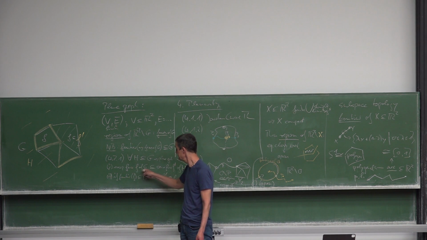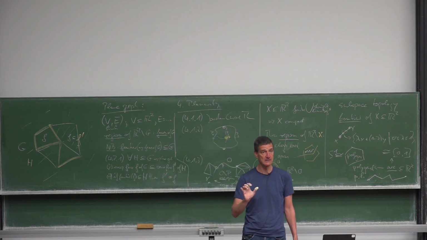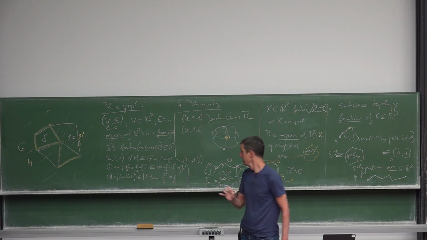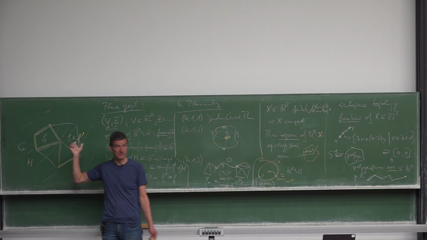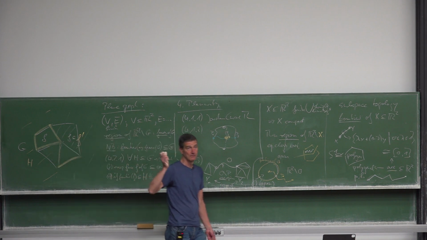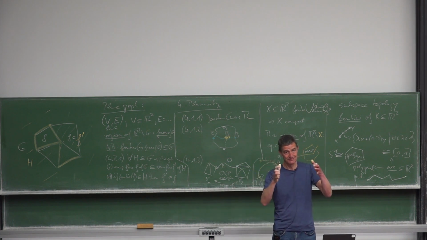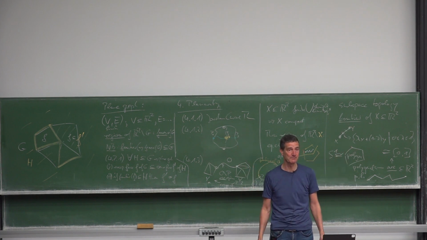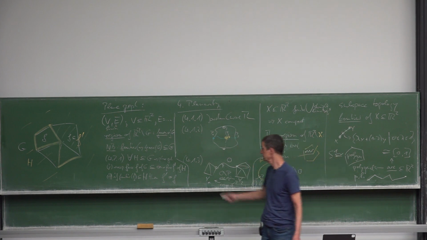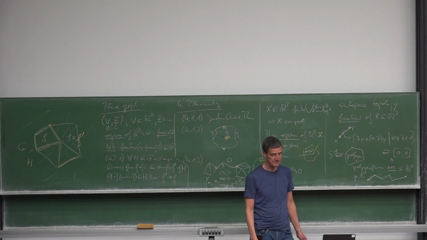Well, F is a face of G, so that's an equivalence class of points of plane minus G. These points are still equivalent in plane minus H because H is a subset of G. So this equivalence class of plane minus G expands to some bigger equivalence class of plane minus H. So that proves this, and that bigger equivalence class is F prime.